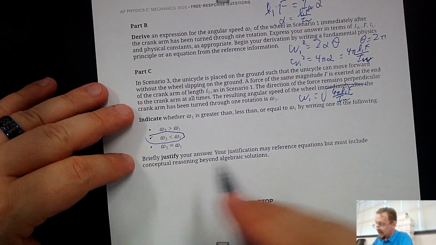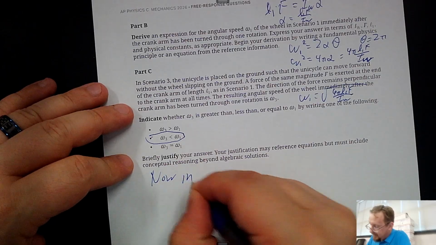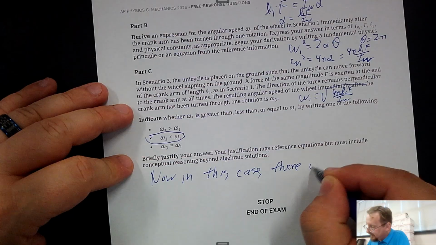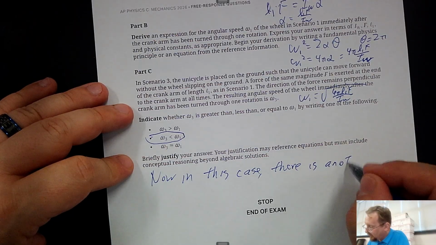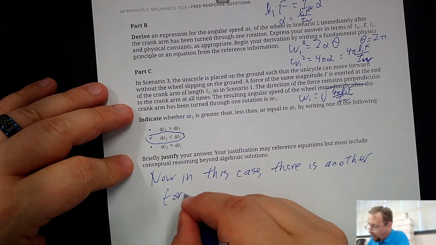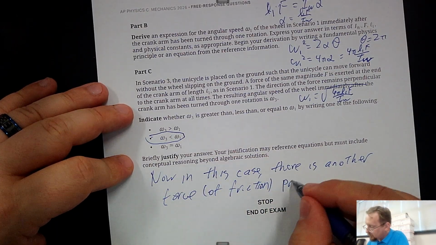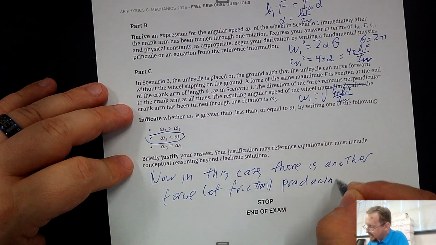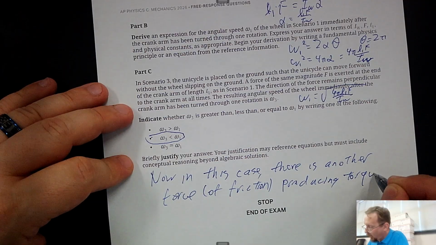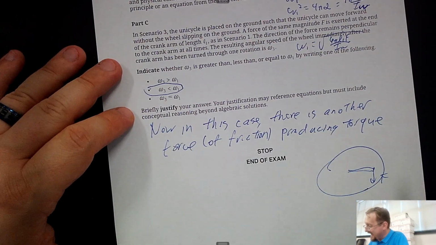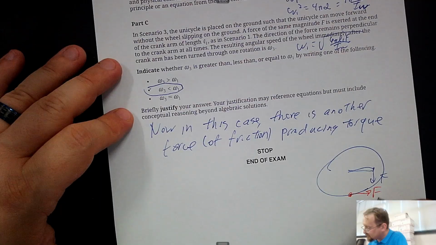So here's what I'm going to say. Now in this case, there is another force of friction producing torque. So in other words, with this being the crank arm, that was the F before, but now there's also a force of friction.